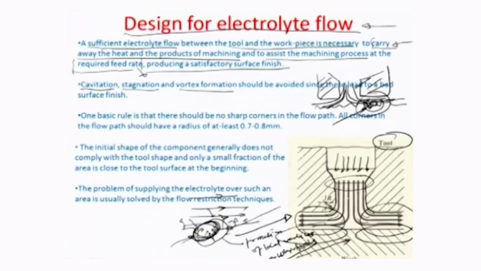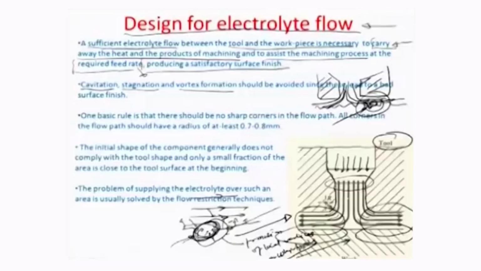So, we should by and large avoid this by designing a flow in a manner so that these vortices do not exist as such. So, such corners or crevices should be kept as low as possible in designing the system. Okay. So, stagnation and vortex formation are a major problem while considering the electrolyte flow.